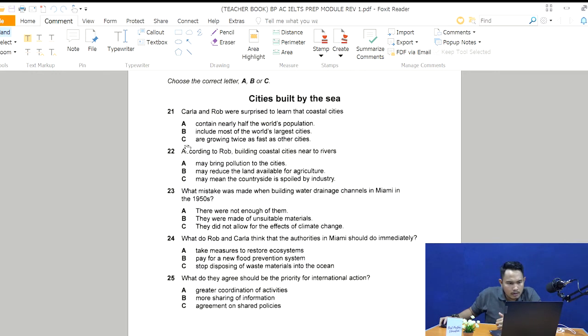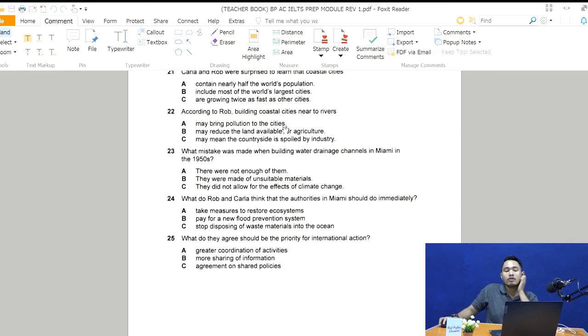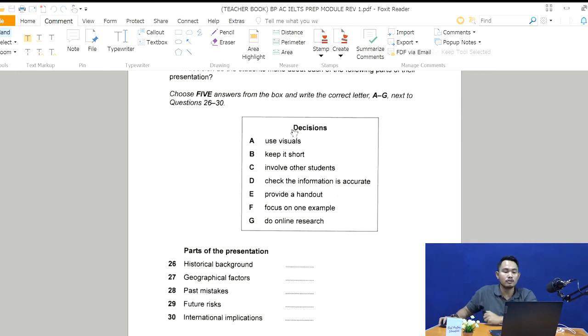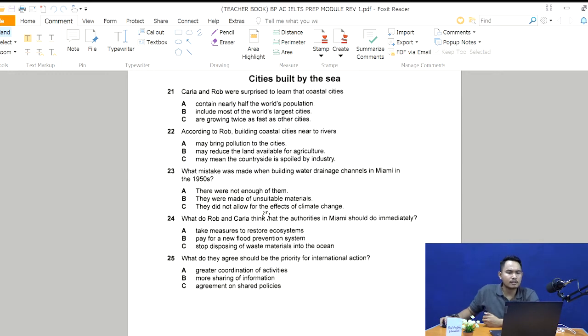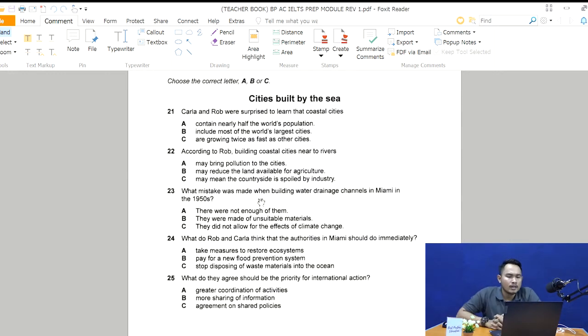The first part of section 3 is multiple choice, but we're going to skip that and focus on numbers 26 to 30, which is a type of matching answers. But first thing first, we need to see the instruction.